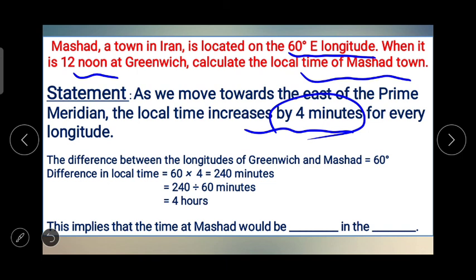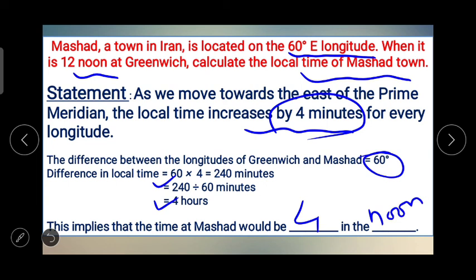The difference between the longitude of Greenwich and Mashhad is 60 degrees. Difference in local time is 60 into 4, equal to 240 minutes. So 240 minutes divided by 60 minutes is equal to 4 hours. This implies that the time at Mashhad would be 4 in the afternoon.